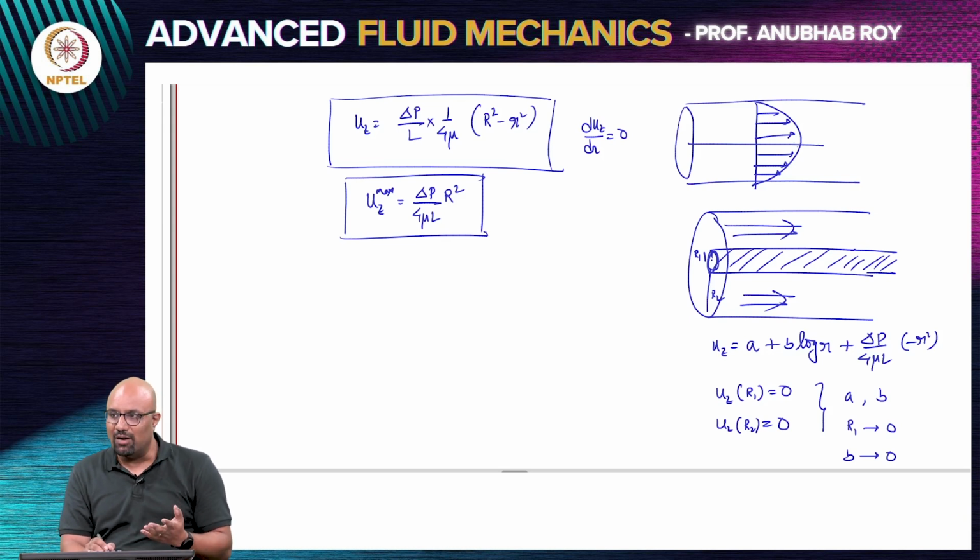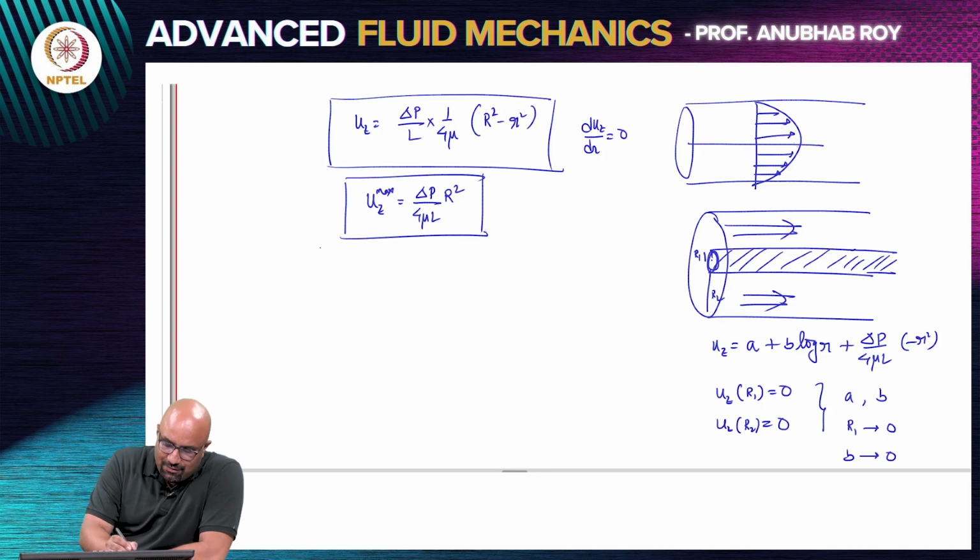The first way of arguing is that there is no singularity in the velocity field, so the log cannot be there. The other way of thinking of it is that flow through a pipe is the limiting case of flow through an annulus where the inner radius goes to 0, and then the log again vanishes. So, we now have the axial velocity, we have the maximum velocity.